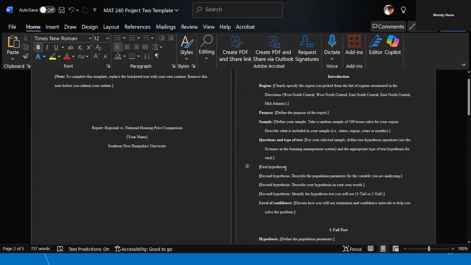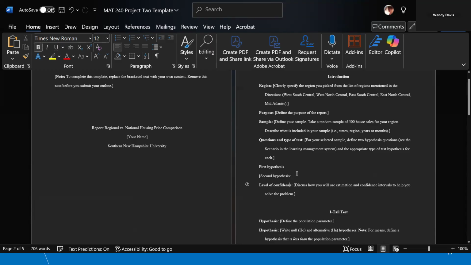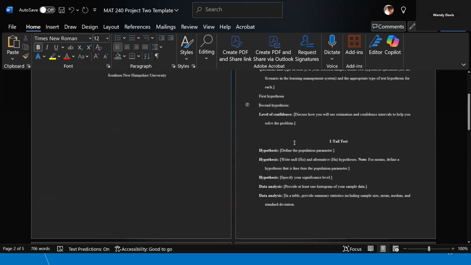Matter of fact, you can really delete some of this stuff. Second hypothesis, like this. Under one tail test, see how it all says hypothesis, hypothesis, hypothesis.